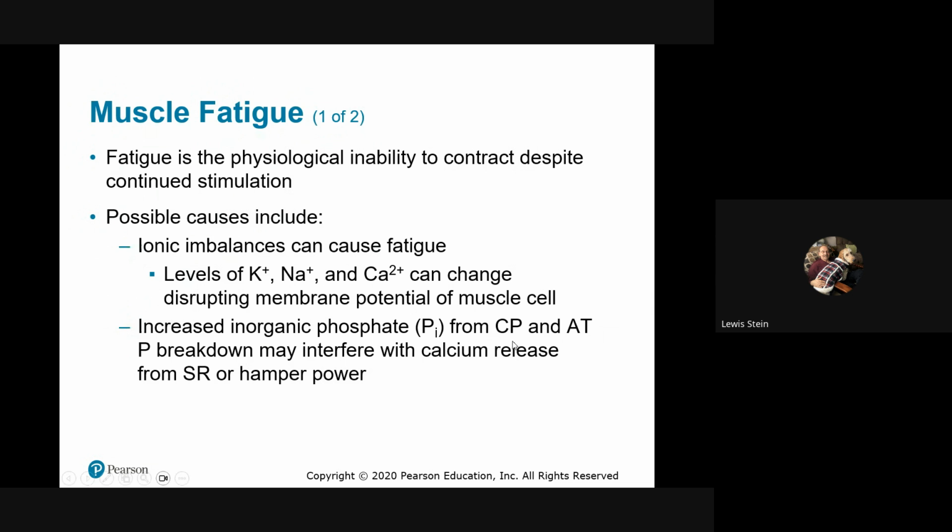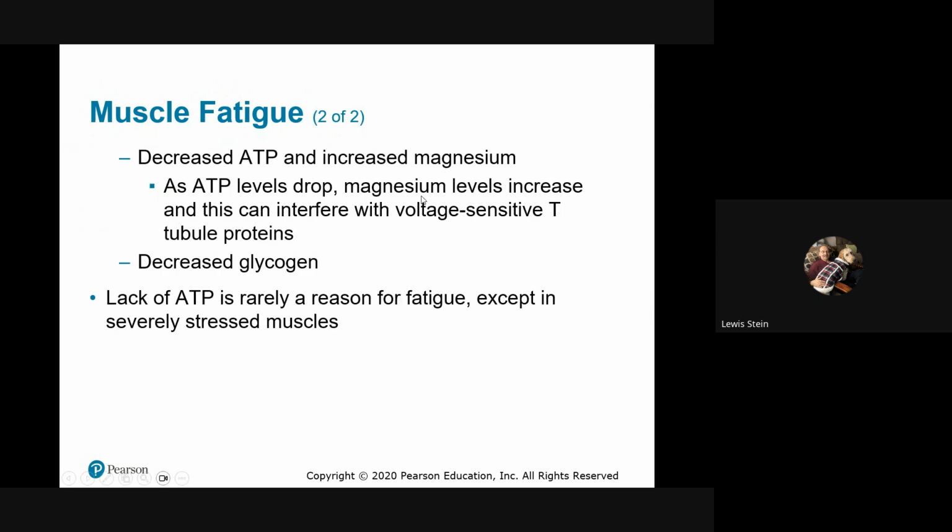The inorganic phosphate interferes with calcium release from the sarcoplasmic reticulum. So there's reasons behind this. And more. Decreased ATP and increased magnesium levels can interfere with voltage-sensitive T tubules, decreased glycogen. It's not so much lack of ATP, it's these other factors that I'm talking about.